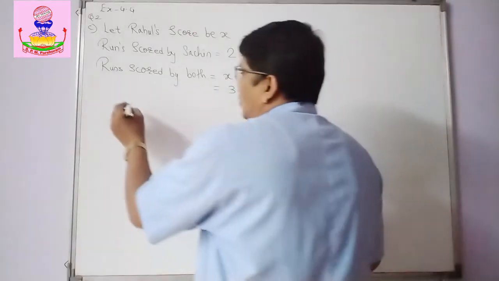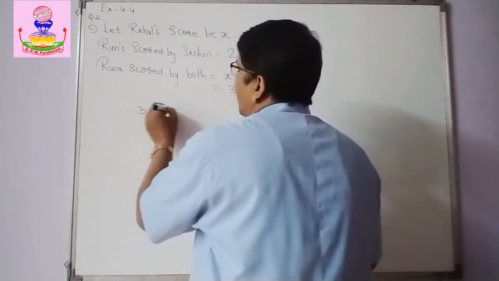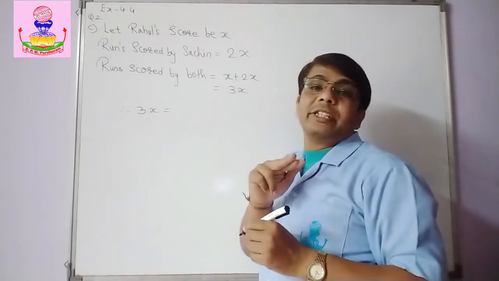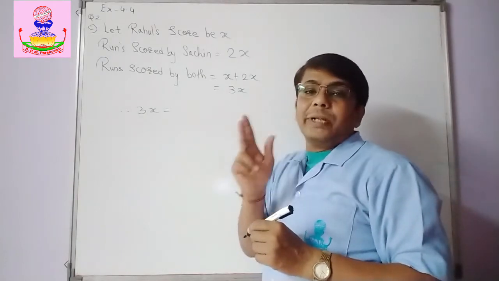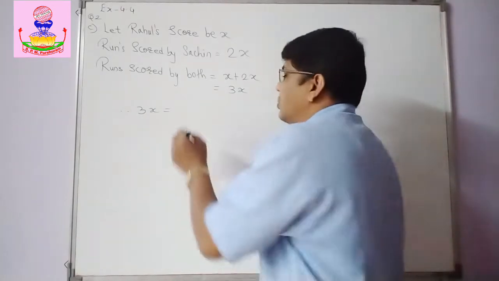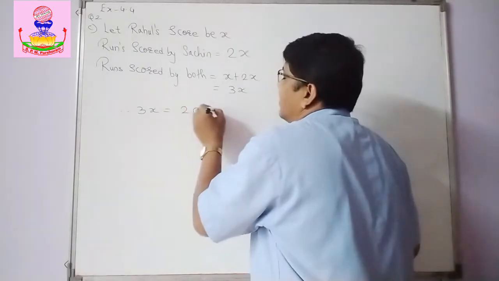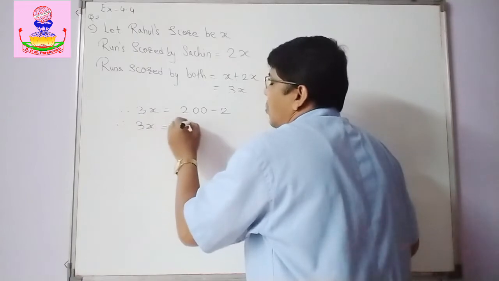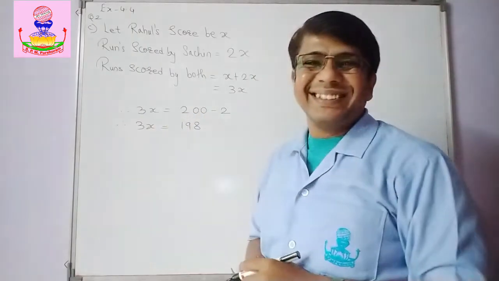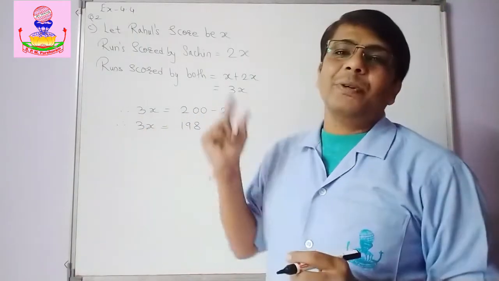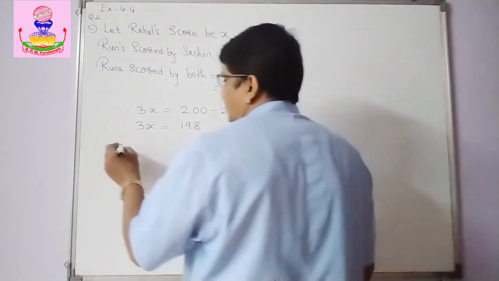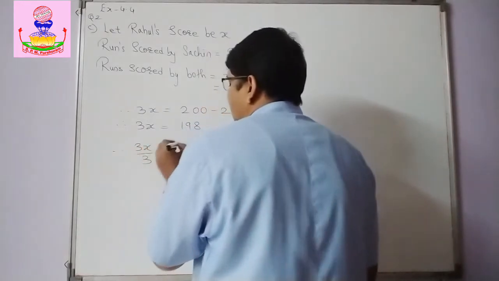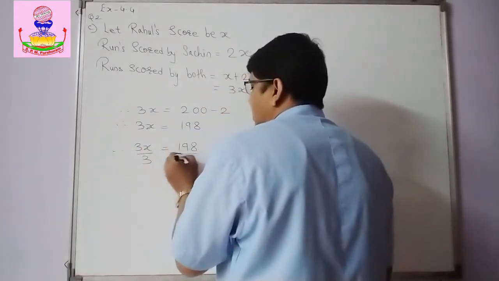And so therefore 3x is equal to, together the runs scored by both of them, they fell short by 2 runs than that of the double century. Means 200 minus 2. So 3x is equal to 198. Now, opposite of multiplication, exactly, division. So therefore 3x upon 3 is equal to 198 upon 3.